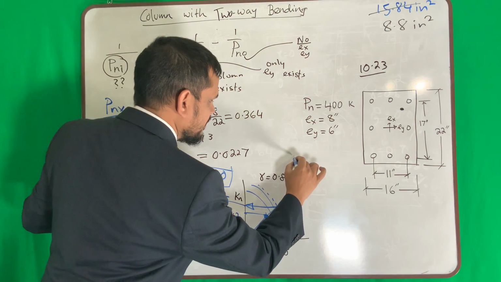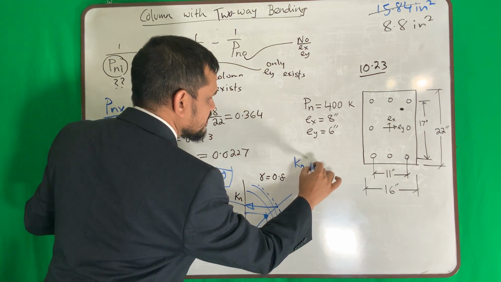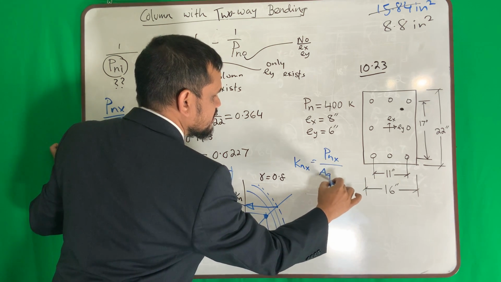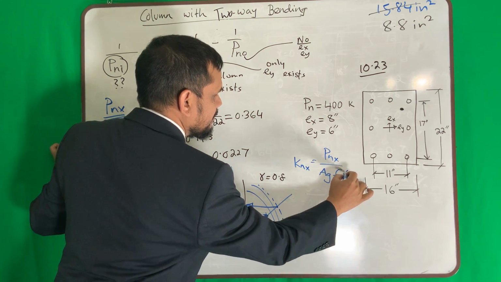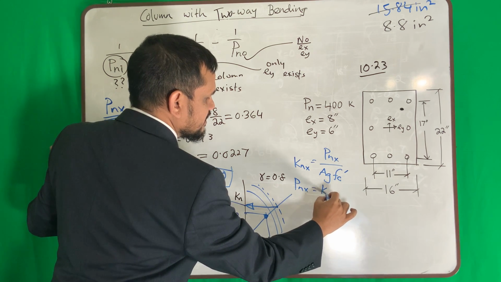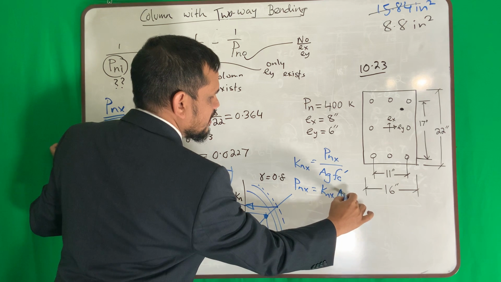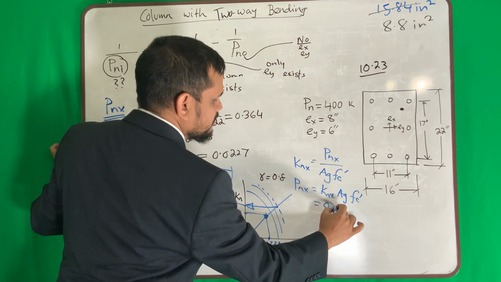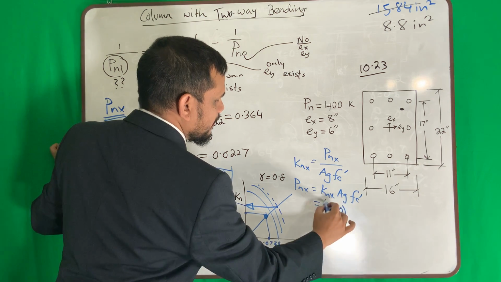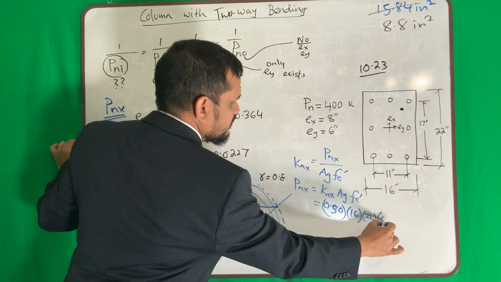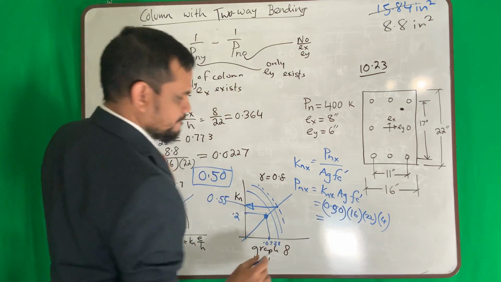Because Knx equals Pnx over f'c Ag. So what is Pnx? It is Knx times f'c Ag. 0.50 times 16 times 22 times 4. How much?